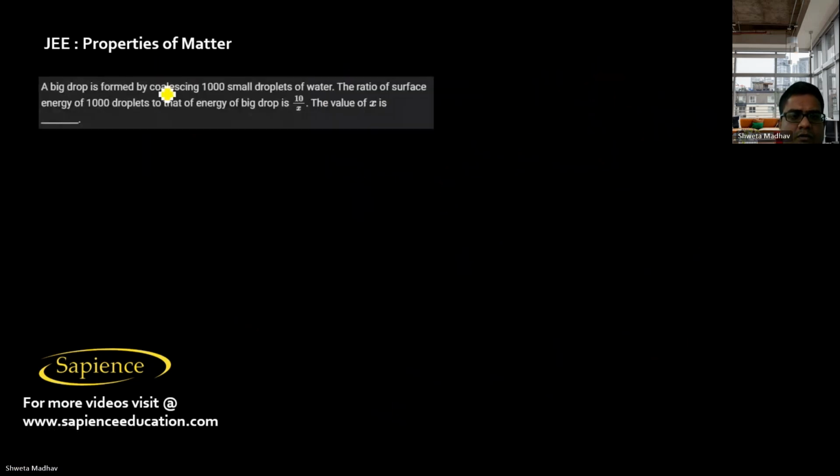A big drop of surface energy is broken into 1000 droplets. Now, as we know, the surface energy is directly proportional to the surface area.